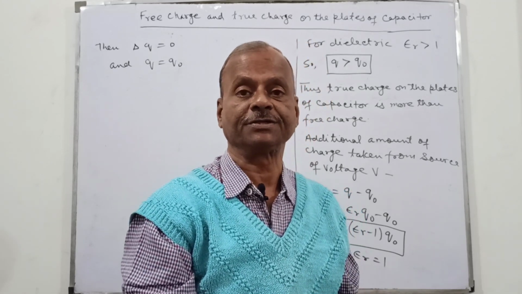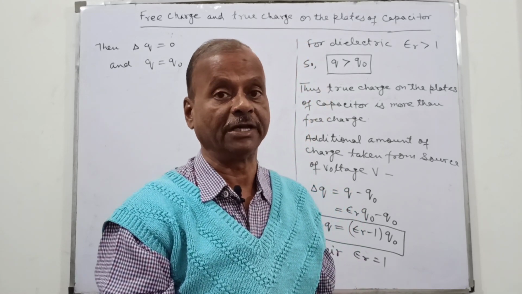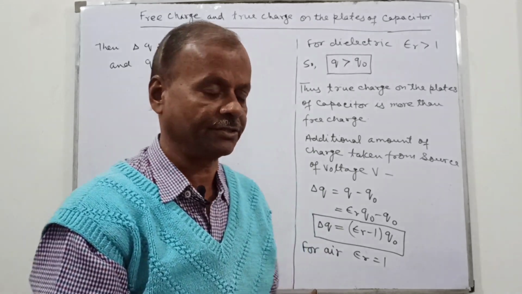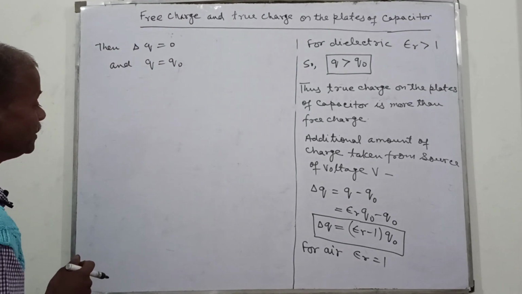So thus when the source is in contact with the plates and the dielectric slab is inserted, the charge on the plates increases, and also the electric field between them decreases. So now how much will the new electric field be?